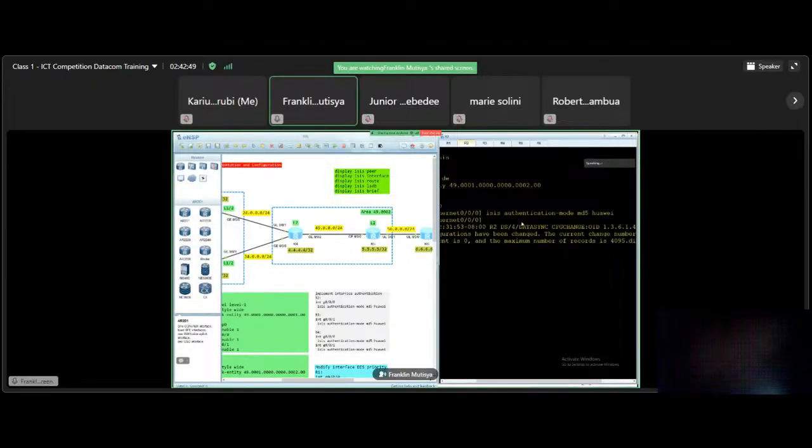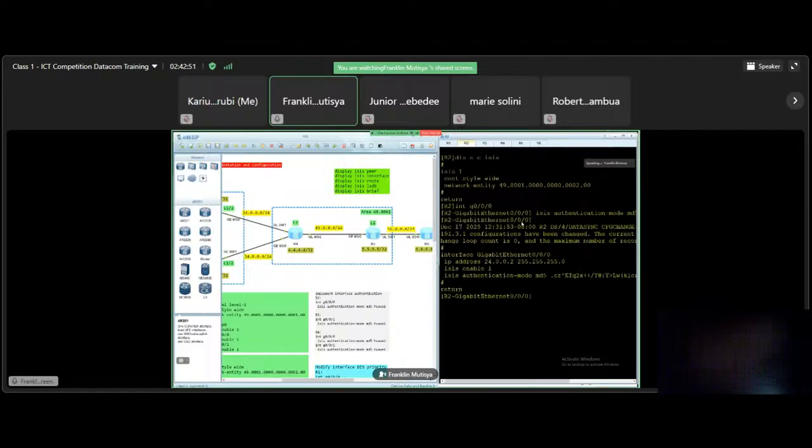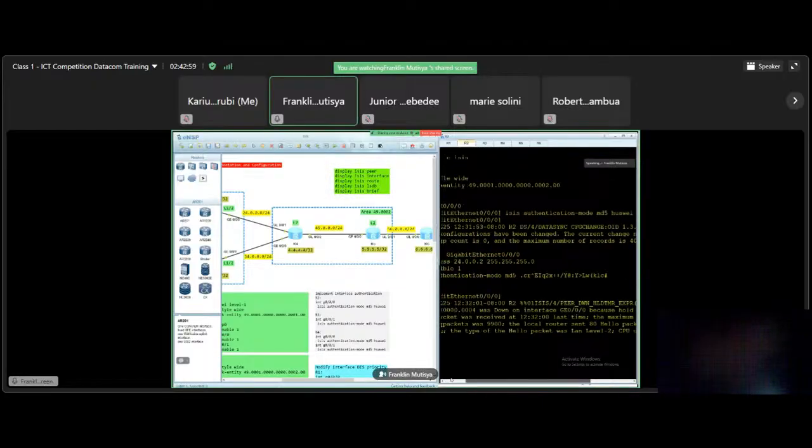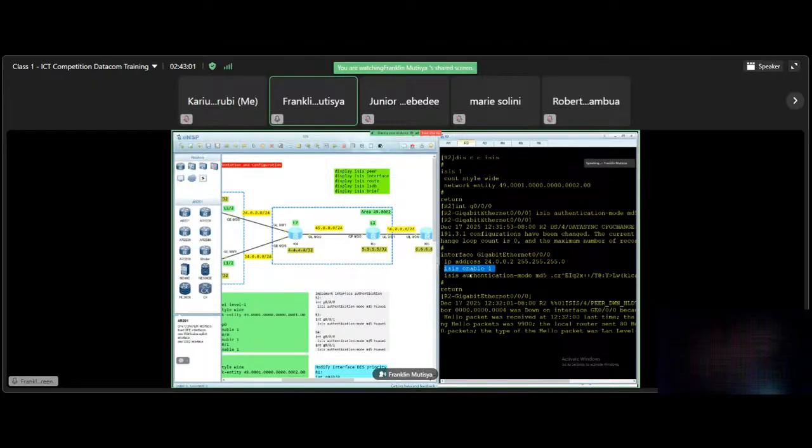If you display this on that interface, you'll notice we have the IP address. Then you enable ISIS on that interface. It's a command that is used to enable the ISIS process on the interface. Then you can see the authentication. It starts with isis authentication-mode md5, and then you specify the password. You have seen the password we put, Huawei. So you can do that.